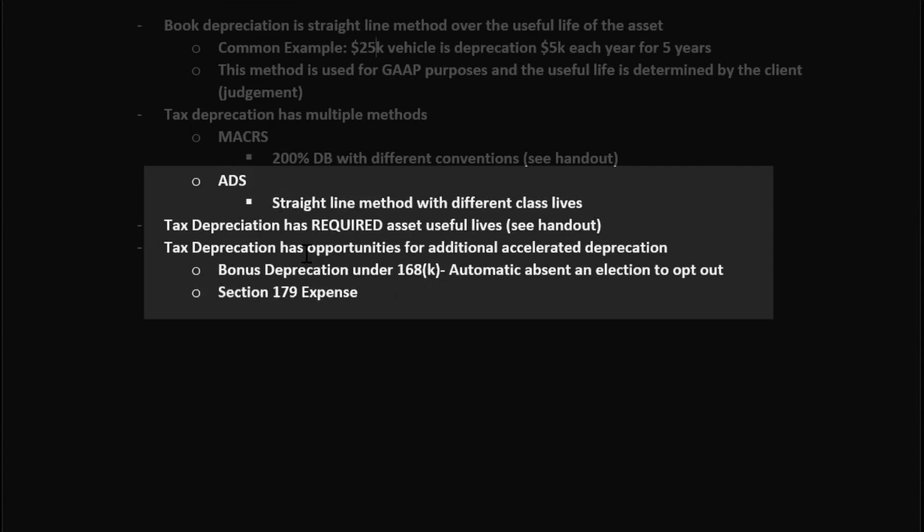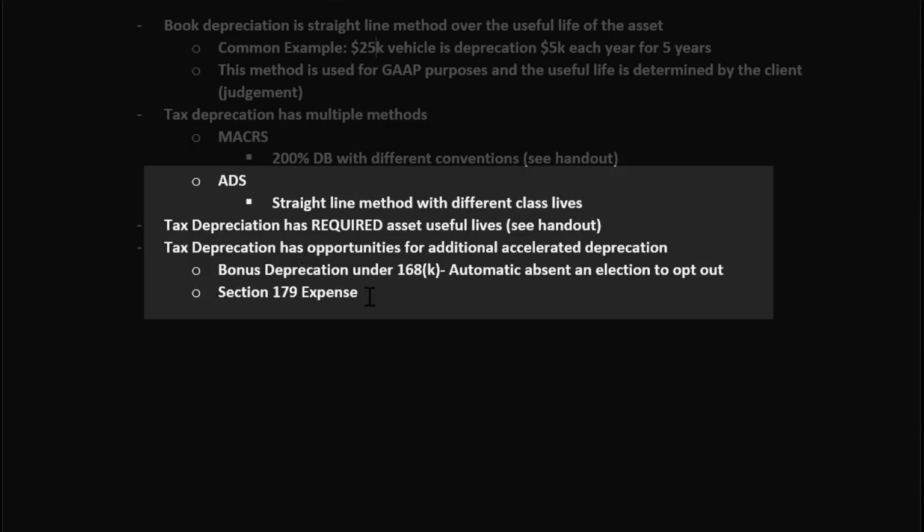And then for tax depreciation, okay, you've got your straight line for book. For tax, you've got this modified acceleration convention, but for tax you also have opportunities to accelerate depreciation with 2 methods. Okay, so you've got bonus depreciation, which we'll go over in the chart below, and you've got Section 179 expense, and we'll discuss the 2 below.